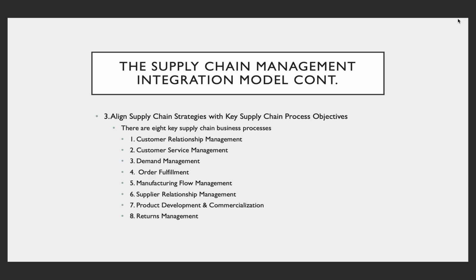Next is your supplier relationship management, which is managing product and service agreements with suppliers and developing close working relationships with those key suppliers. Product development and commercialization is developing new products frequently and getting them to market effectively. And then returns management, managing used disposition, product recalls, packaging requirements, and really just trying to minimize future returns.